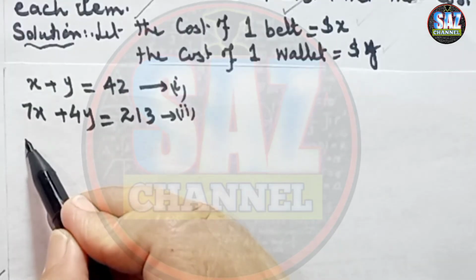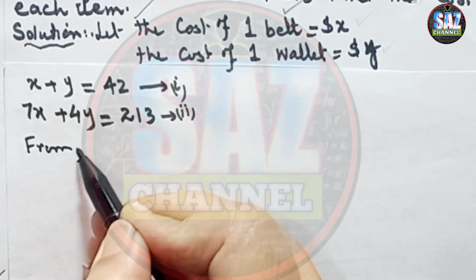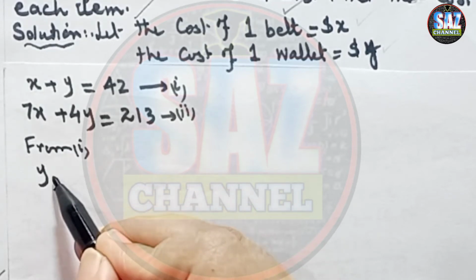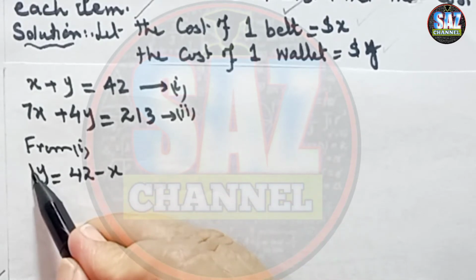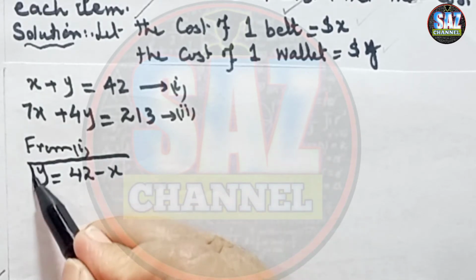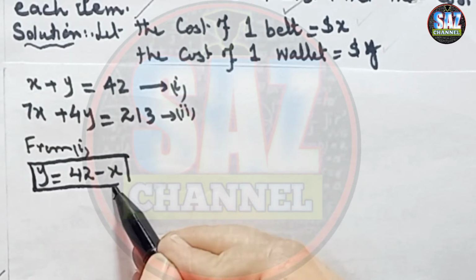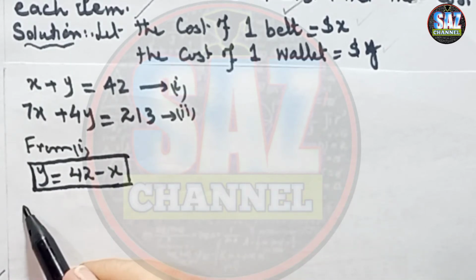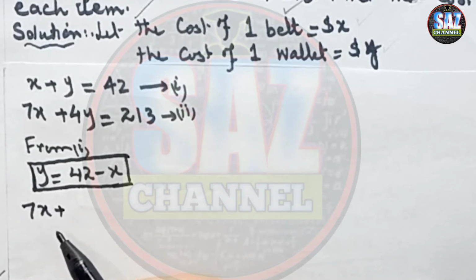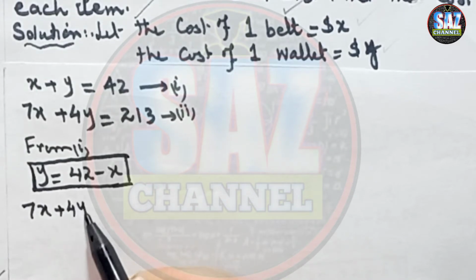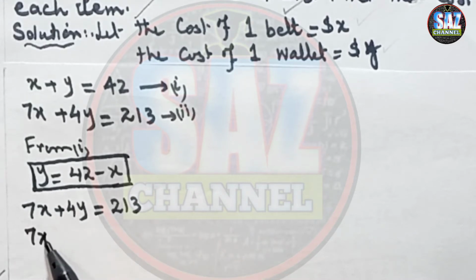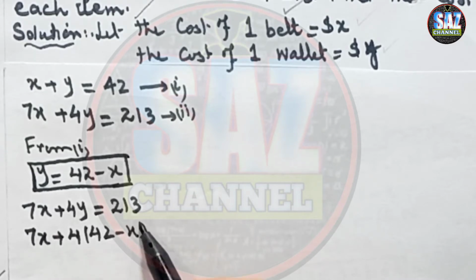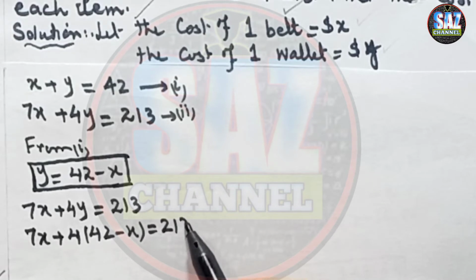So from equation 1, y equals 42 minus x, and we have to replace this value of y in the second equation, that is 7x plus 4y equals 213. Now instead of y, I have to replace it: 7x plus 4 times (42 minus x) equals 213.